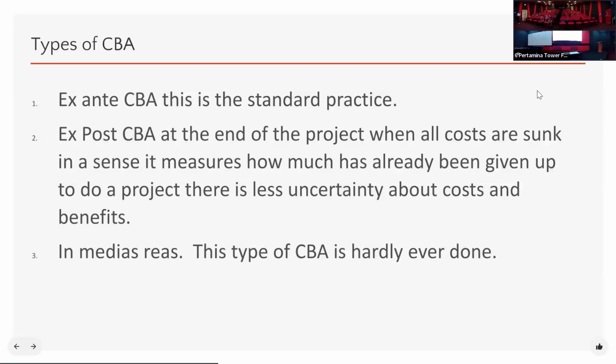So all the things that you didn't think about when you're doing your cost-benefit analysis, they appear. So it's a great learning curve for the government. I can tell you that most international organizations do ex post cost-benefit analysis because they have the resources. However, not all governments do it because they forget, oh, we have already done the university.